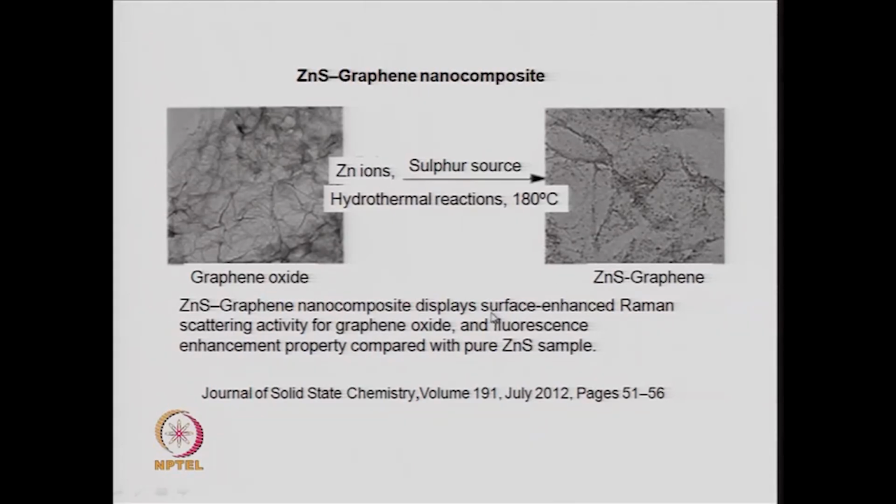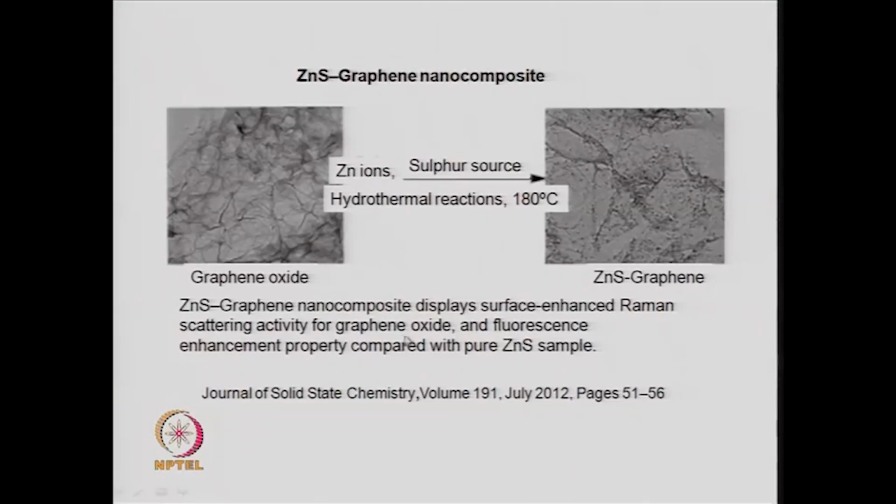And the property which you are interested in this kind of nanocomposite is the optical property. So, you look at surface enhanced Raman scattering for graphene oxide, pure zinc sulphide and this nanocomposite. SERS, surface enhanced Raman scattering, is a very important technique, and there you see that the nanocomposite displays enhanced scattering, and you can see fluorescence enhanced property compared to pure zinc sulphide.